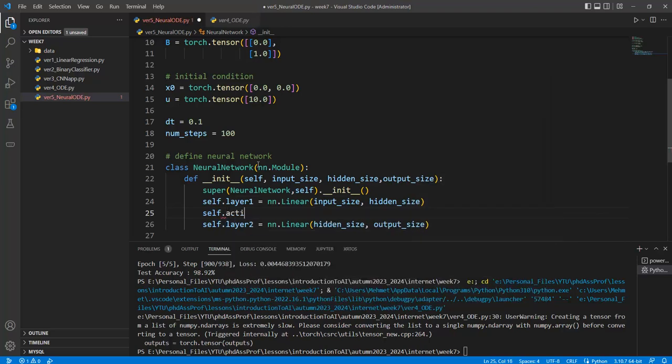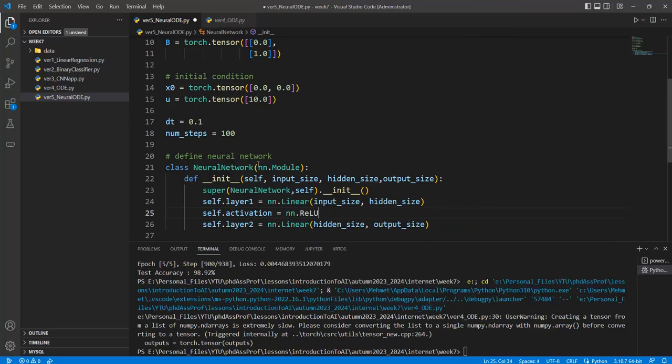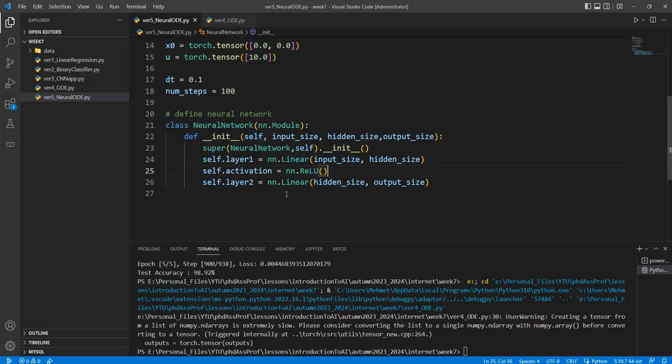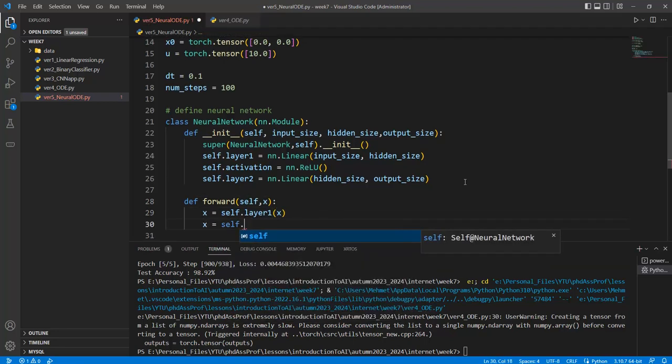And also we need to give the activation layer in here, and then the rectified linear unit, okay? So def forward, self and x can be given in here. x is equal to self.layer1(x), and x is equal to self.activation(x).